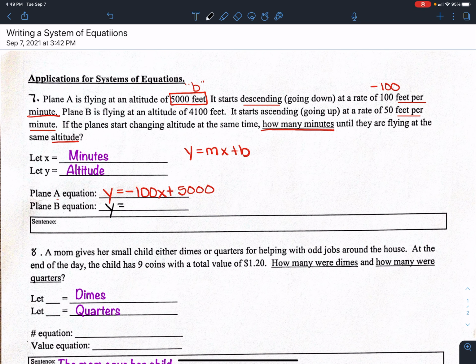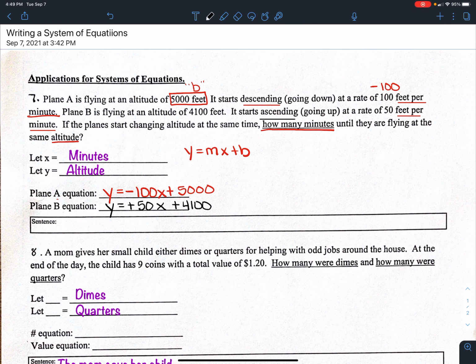This one is ascending at 50 feet per minute, so that's positive 50 because it's increasing. We don't know how many minutes before their 2 heights are the same, but we do know that it's currently at a positive altitude of 4,100 feet.